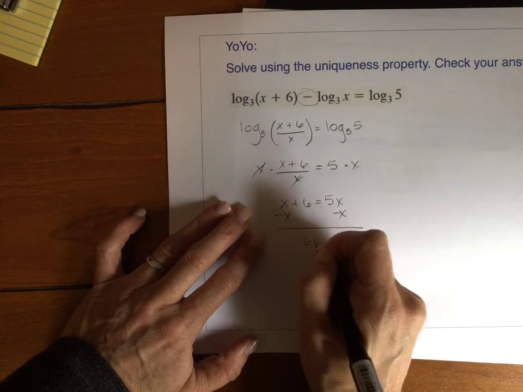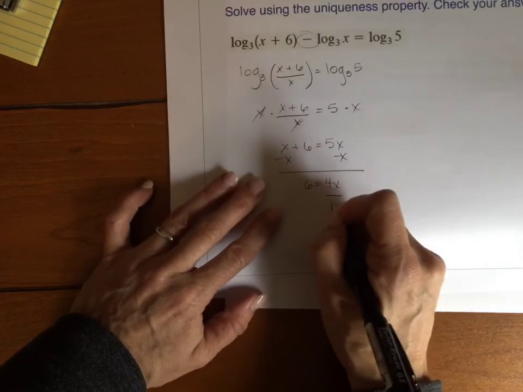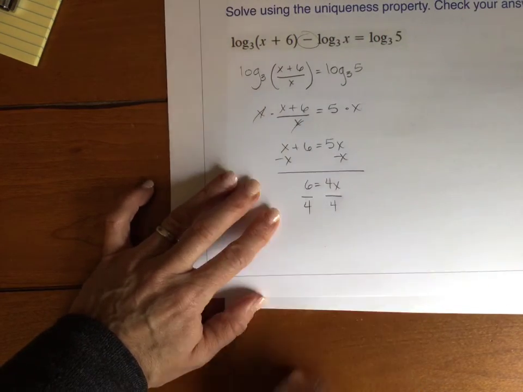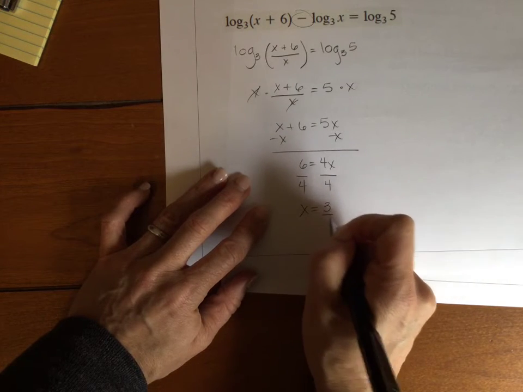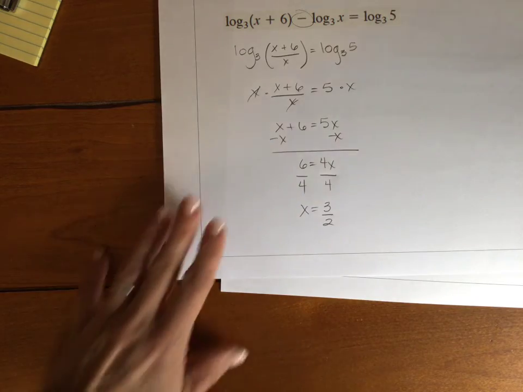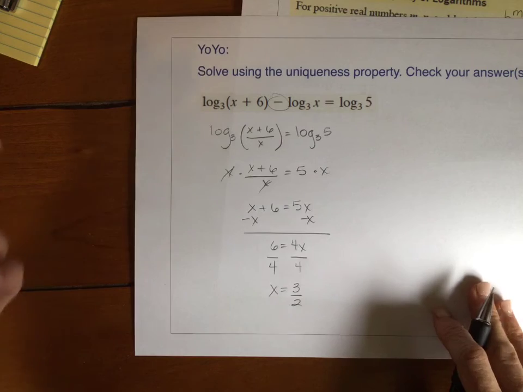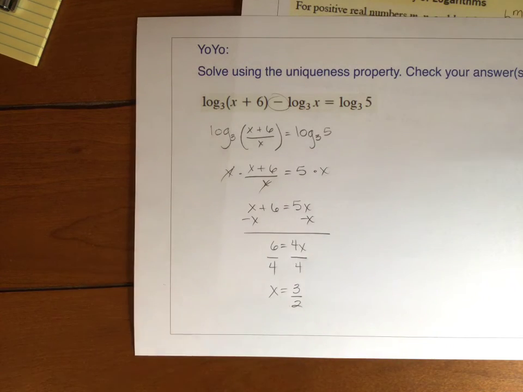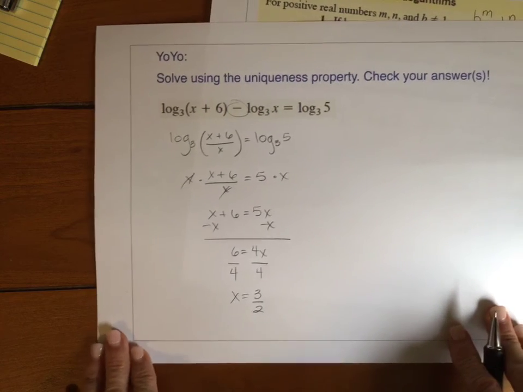I get 6 equals 4x. Divide both sides by 4. If I reduce that fraction, x equals 3/2. Again, even with having to do some more difficult algebra, this is a much simpler technique than what we were doing in the previous short lesson.